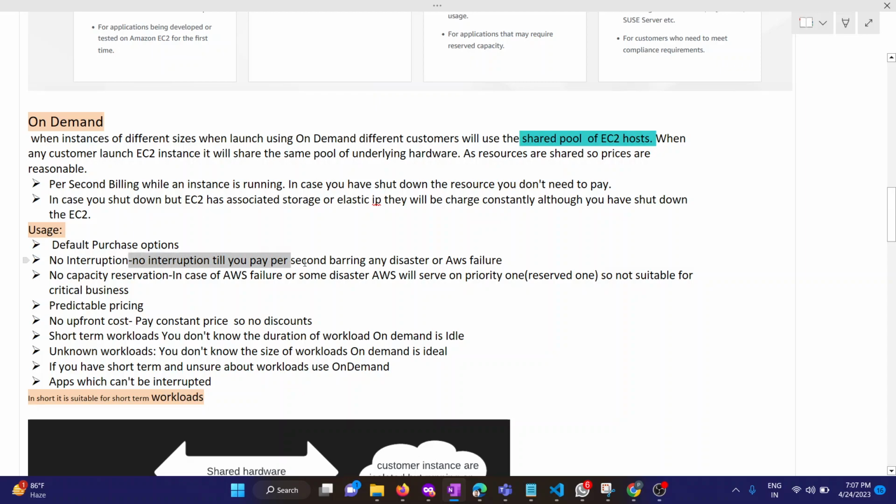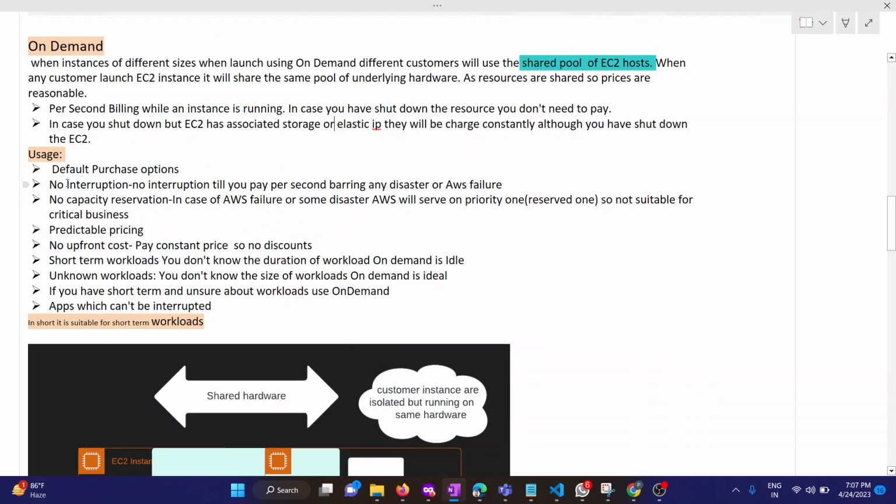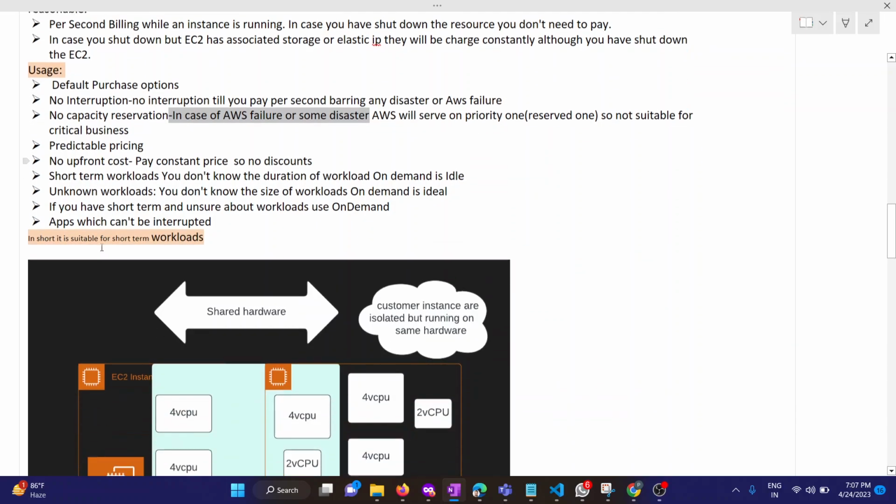Another point, I told you that you pay per second. In case the instance has been stopped, then there will be no charge, but if anything is associated with it, then there will be charges, like elastic IP or storage. Now in case of any failure, reserved instances or dedicated ones will get first priority, then on-demand instances will come.